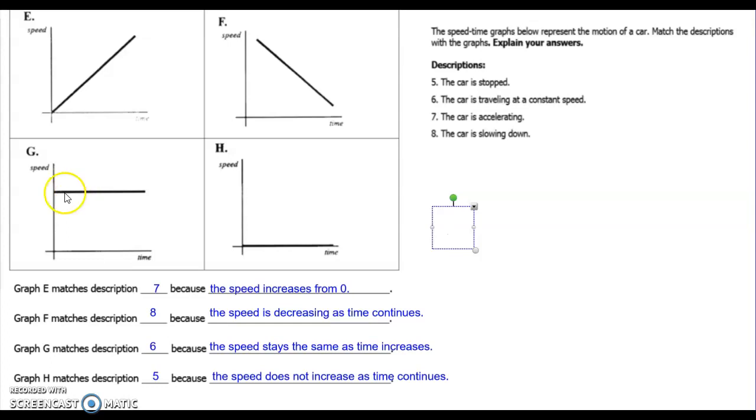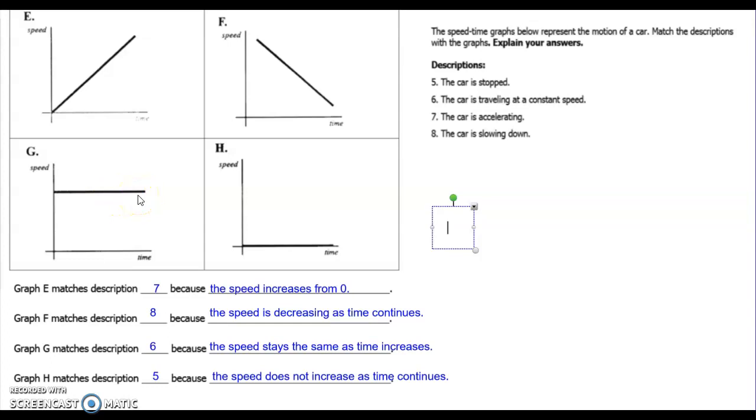I was afraid that on this one you would put 5 because of where we were dealing with distance before. This is not showing distance is staying the same, but showing that the speed is staying the same as time continues.